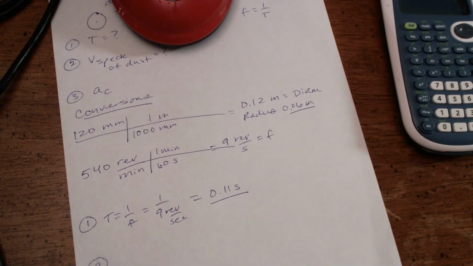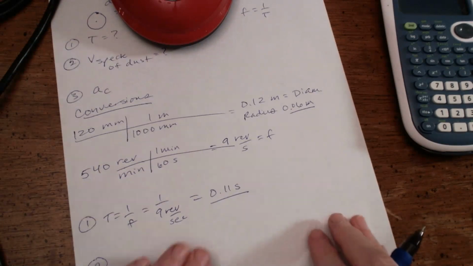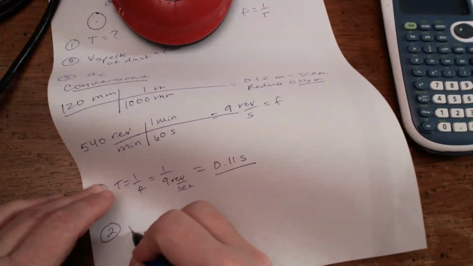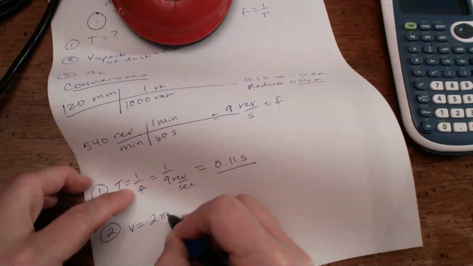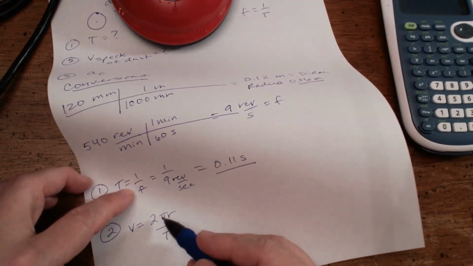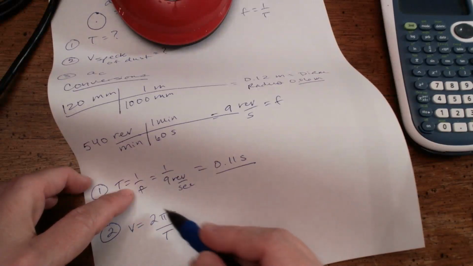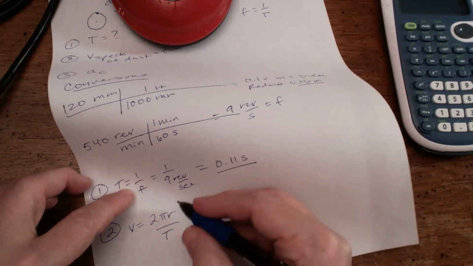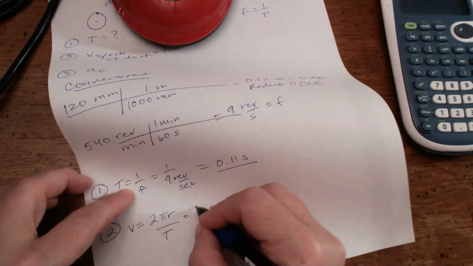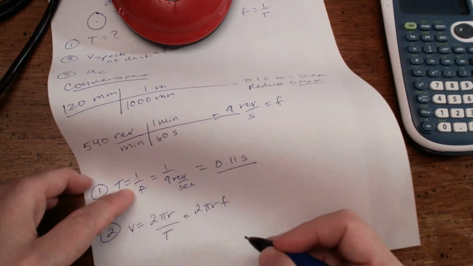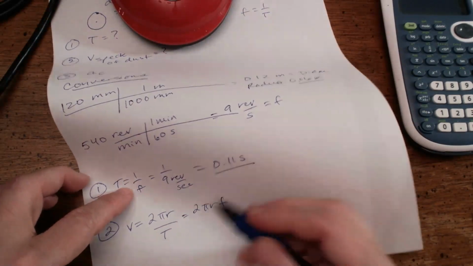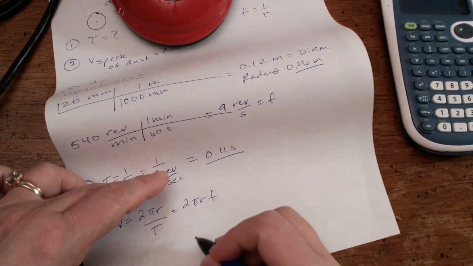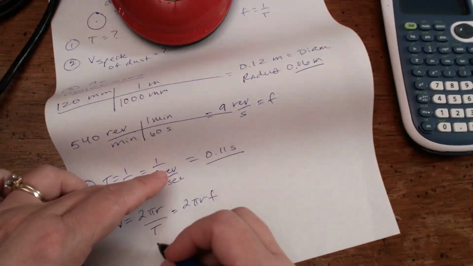All right, then velocity. We have a couple of equations that we can use for velocity. We can use 2 pi r over t, so that's my circumference, which is my distance or displacement, divided by the time it takes to travel that distance, which is period, or I can use 2 pi r times frequency, since frequency and period are the inverse of each other. I kind of like the 2 pi r f because that way I don't have to divide. It doesn't really matter.